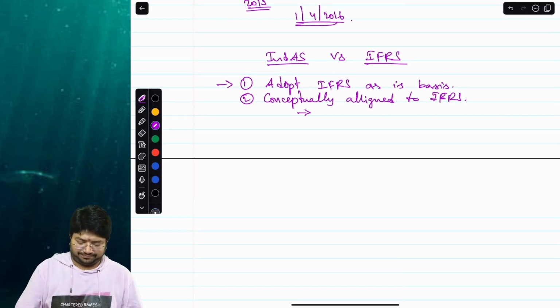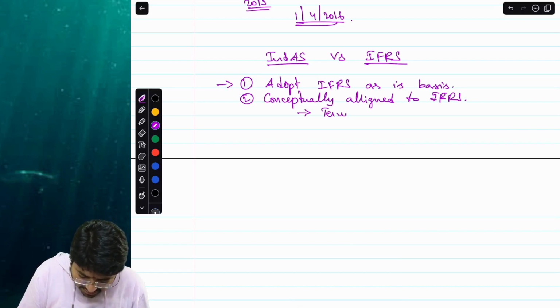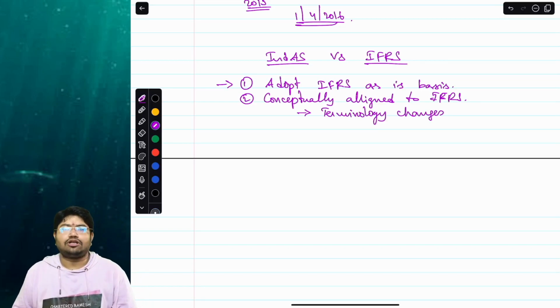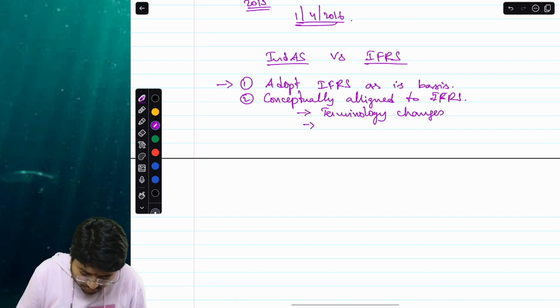Number one, terminology changes could be there. Number two, carve-ins.